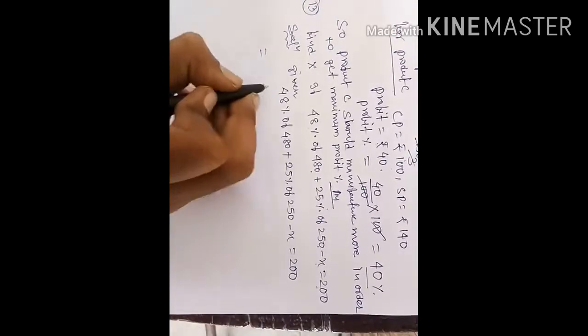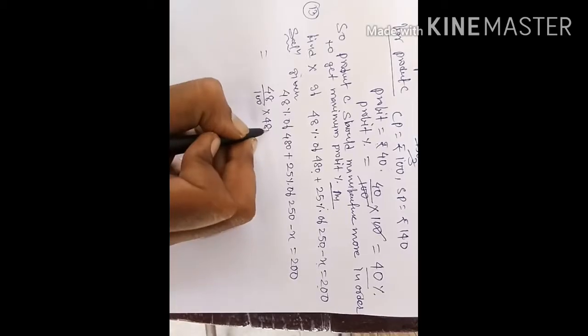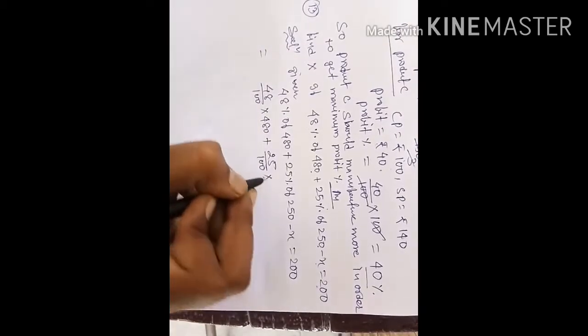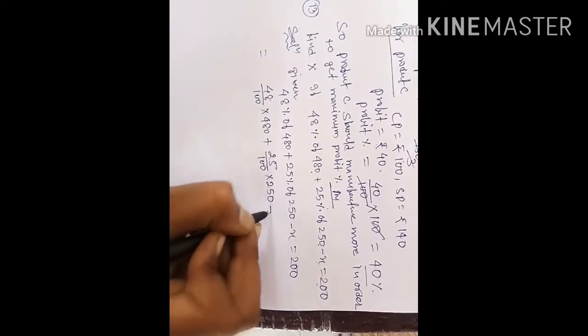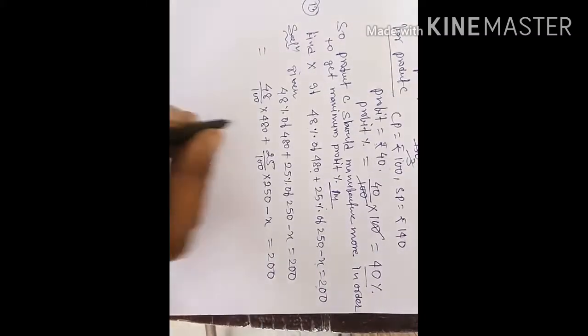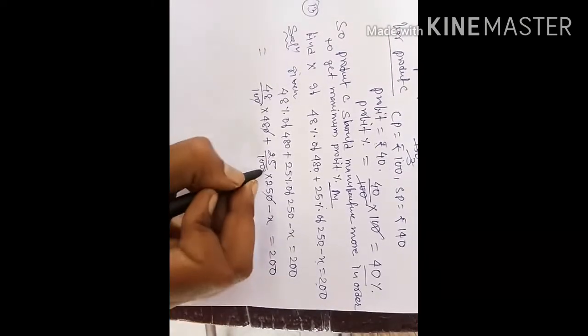So 48% means 48 by 100 into 480, 25% means 25 by 100 into 250 minus x is equal to 200. So cancel them, 0 cancels, again 0 cancels.